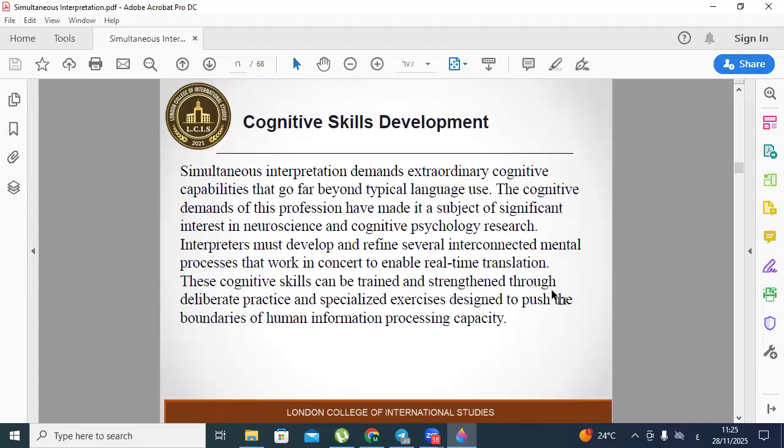Cognitive skills development. Simultaneous interpretation demands extraordinary cognitive capabilities that go far beyond typical language use. The cognitive demands of this profession have made it the subject of significant interest in neuroscience and cognitive psychology research.